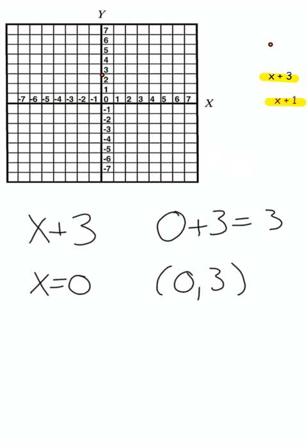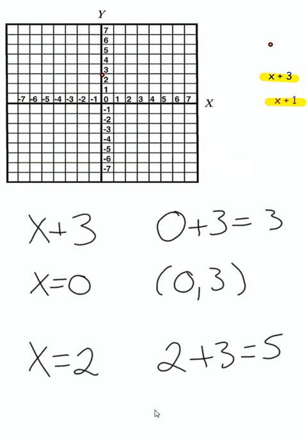Now let's graph when x is 2. And once again, we just substitute that in. We get 2 plus 3 is 5. So our second point is 2, 5. Gotta grab it. 2, 5.